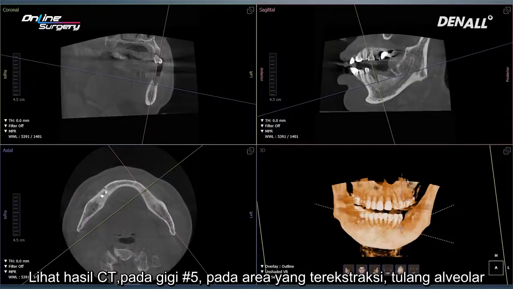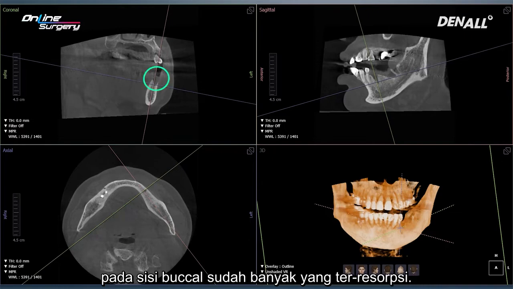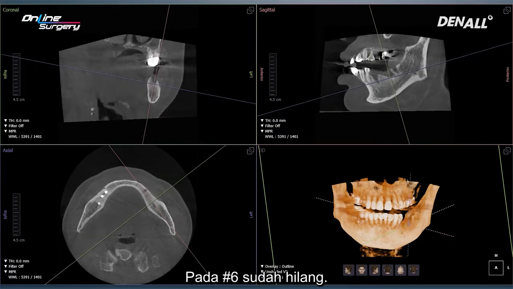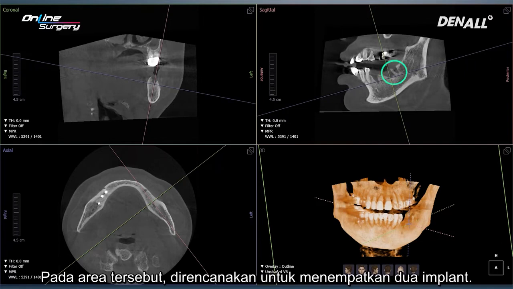Looking at CT, in number 5, in the extracted area, the alveolar bone on the buccal side has a lot of resorption. Number 6 was already missing. Number 7 was tilted. In that area, 2 implants were planned.